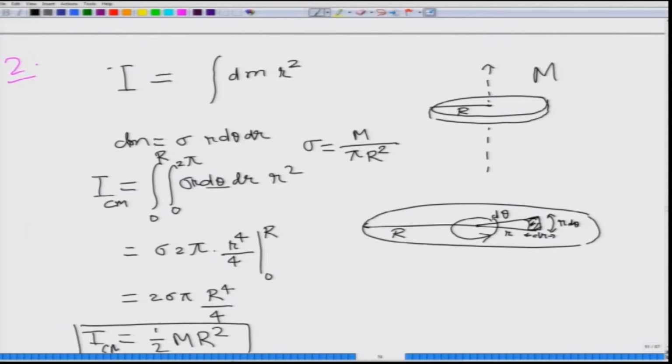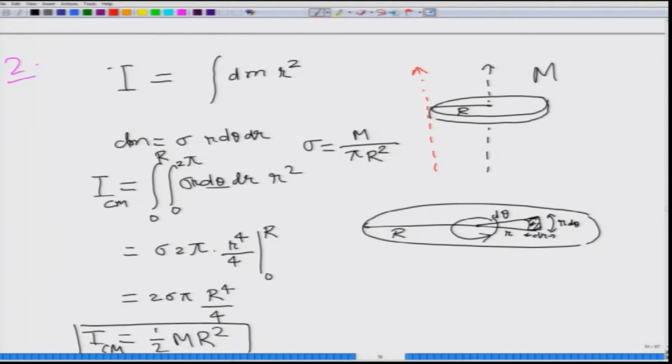So let's mark the center of mass axis. Now let's ask, what is the moment of inertia about a tangent axis, which is parallel to the axis going through the center of mass and perpendicular to the plane of the disk, but is actually touching the disk?